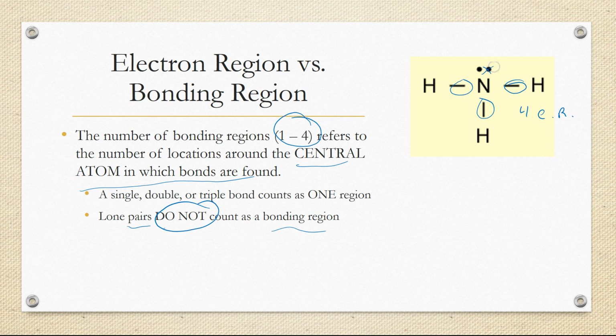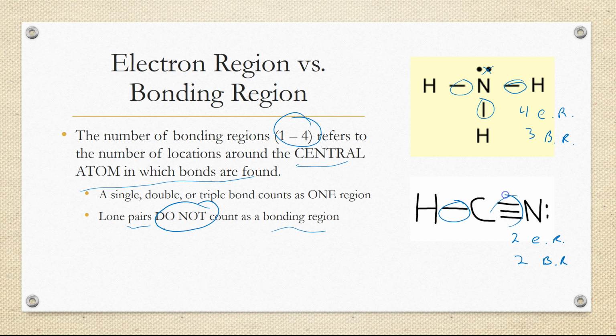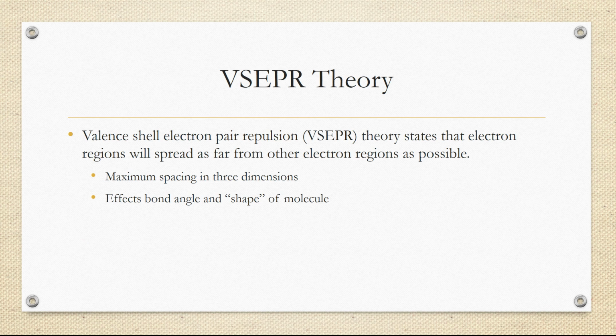We would not count that lone pair. So that's 3 bonding regions. Whereas the HCN molecule would have 2 electron regions and 2 bonding regions. 1 there, 1 there.